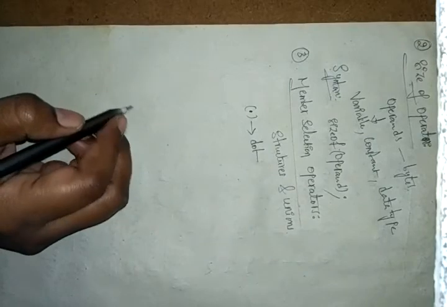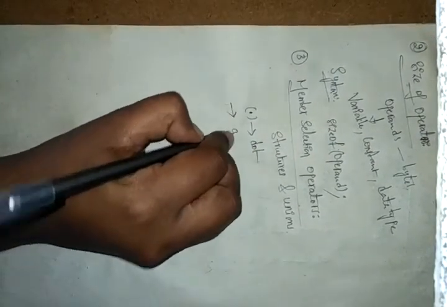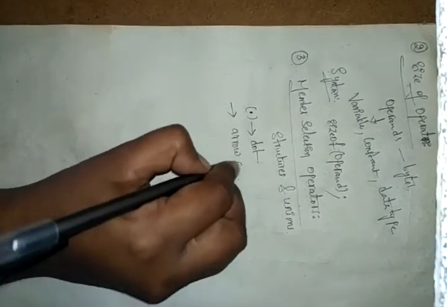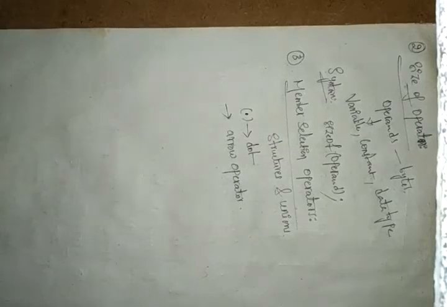And next we have this symbol, the arrow operator. The member selection operator can be used with structures and unions, and it has the dot operator and the arrow operator.